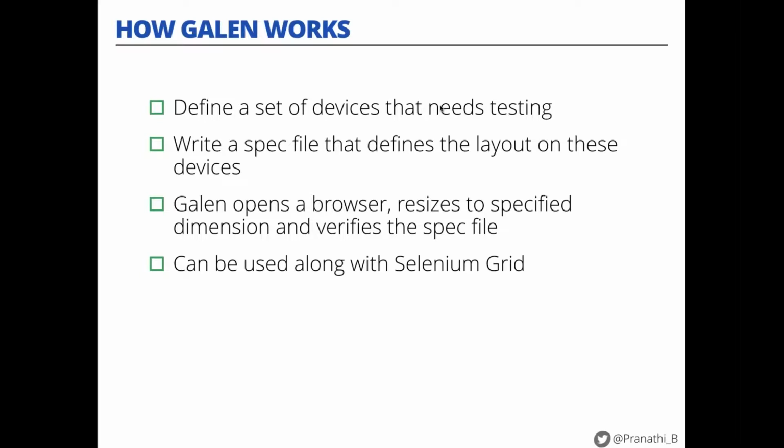Once you run the spec file, Galen will open the browser, resize it to your specified dimension, and then verify the spec files. Galen can also be used on Selenium Grid, which means you can run it on multiple resolutions, run it in parallel, or run it on a server. Whichever automation powers you can use with Selenium functional automation, you can use the same power to do the UI automation, the responsiveness automation.